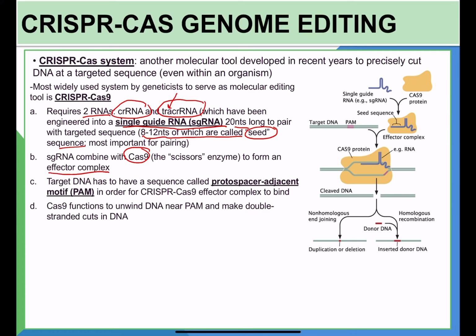Now, one requirement in the target DNA sequence for this CRISPR-Cas9 system to work is that it needs to have what's called a PAM sequence, which stands for protospacer adjacent motif. This PAM sequence has to be close by your targeted gene of interest in order for that effector complex to bind.